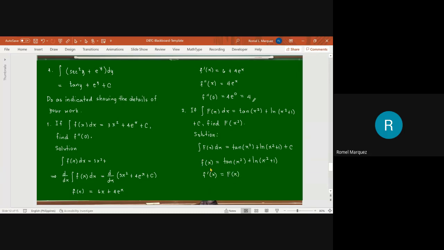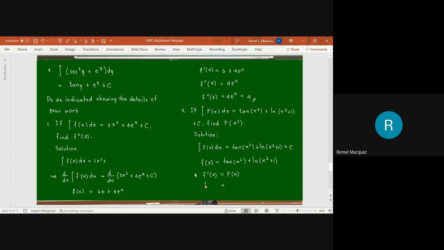So, we now have, what's the derivative of small f? So, you will now be able to get capital F of x. Anong derivative? So, that is secant squared of x squared. But what is the derivative of x squared? That is 2x. Then plus, what about ln of x squared plus 1?